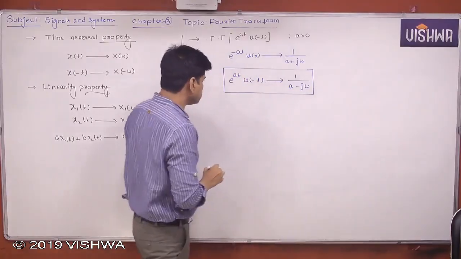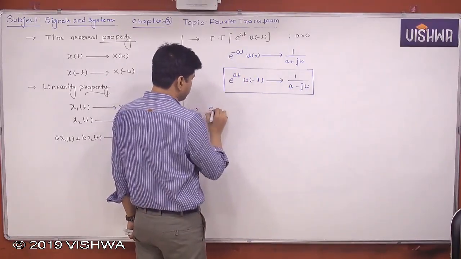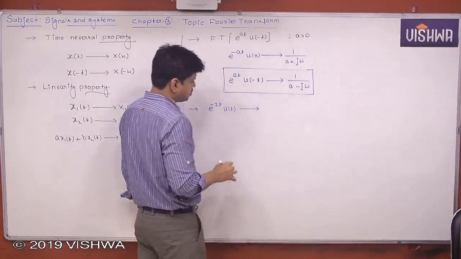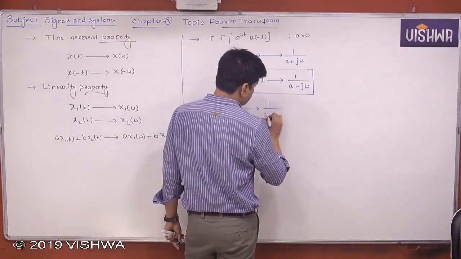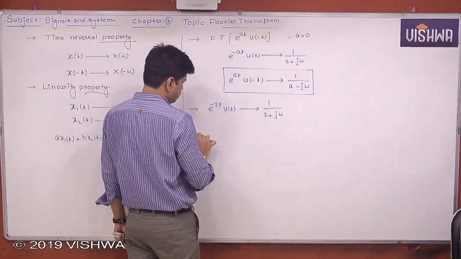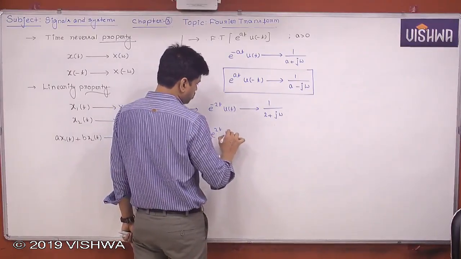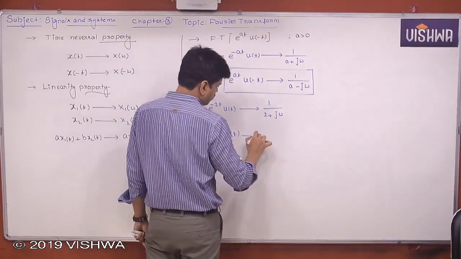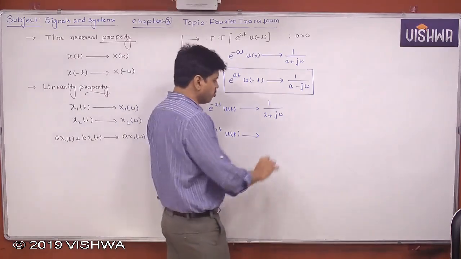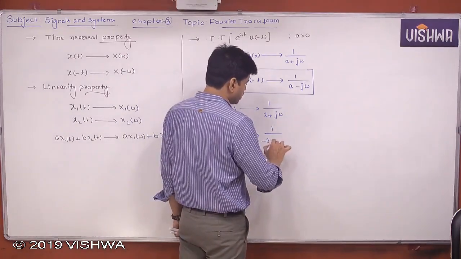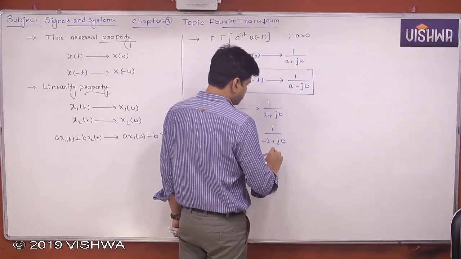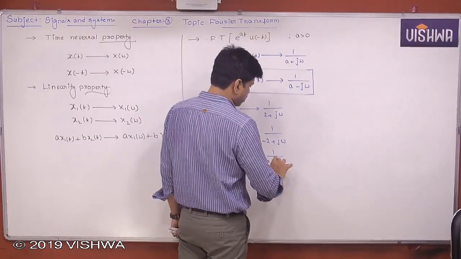Let's see. Suppose I take e power minus 2t u of t. What is the Fourier transform for this? 1 by 2 plus j omega. What if I take e power 2t u of t? It is not u of minus t, I have taken u of t. Many people will write like this, 1 by minus 2 plus j omega. If I say wrong, then people will say 1 by 2 minus j omega, that is also wrong.